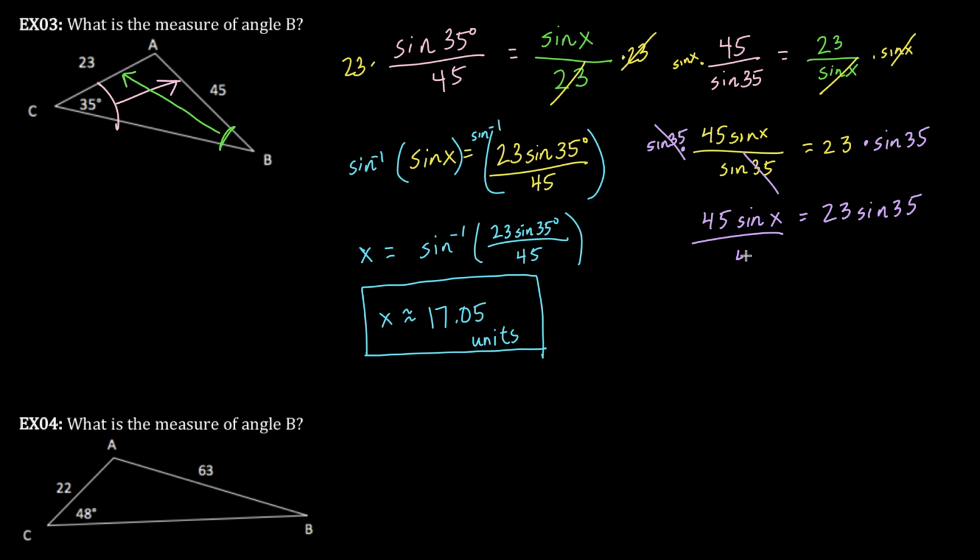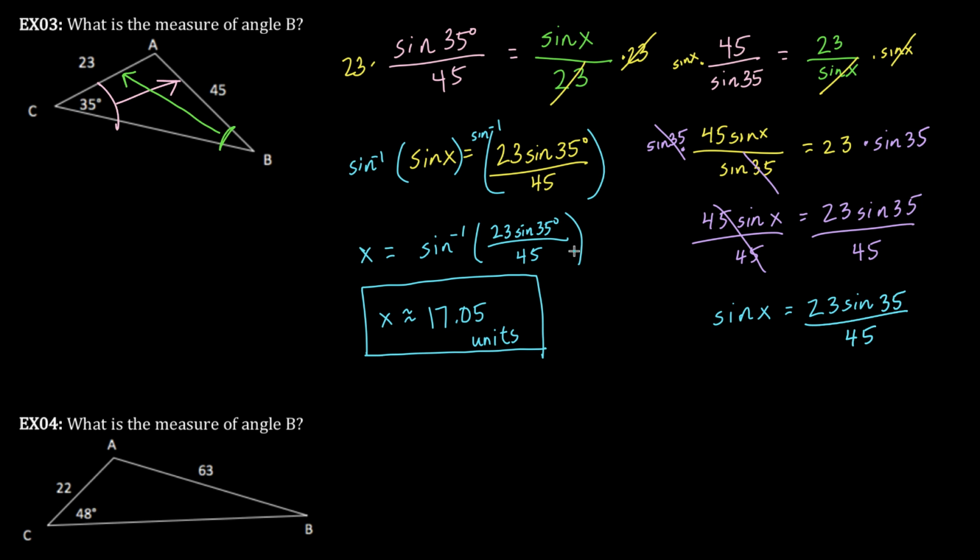Then I want to divide by 45. Divide by 45. And I end up with the sine of x equals 23 sine 35 over 45.